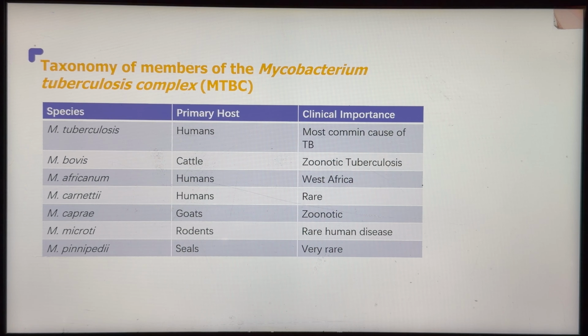From a microbiologist's perspective, understanding these species is important because differences in host preference, epidemiology, and intrinsic drug susceptibility may influence laboratory diagnosis and clinical management. For most routine clinical laboratories, however, the primary focus remains the identification and drug susceptibility testing of Mycobacterium tuberculosis, as it is by far the most clinically significant species.